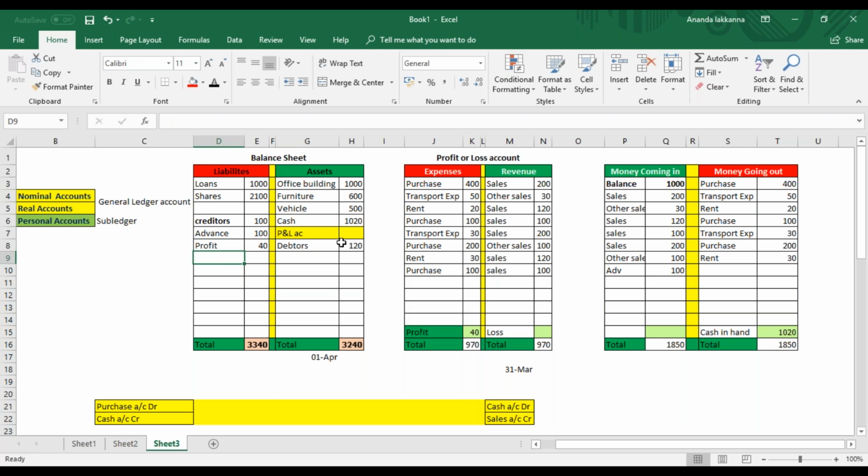Okay. So now the question comes, how does it work? He does not need to give cash because the sales has happened, but there is no need to receive cash. Cash is already there, so you don't need to increase it again.